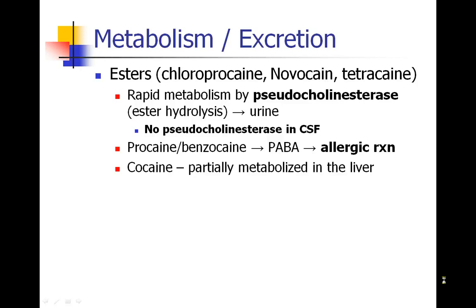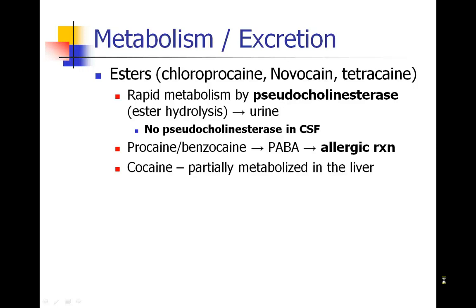There are two kinds of local anesthetics, as I mentioned before. The first are esters. The esters are chloroprocaine, novocaine, and tetracaine, for example. These drugs are metabolized by pseudocholinesterase. And this makes the third drug in anesthesia that is metabolized by pseudocholinesterase.